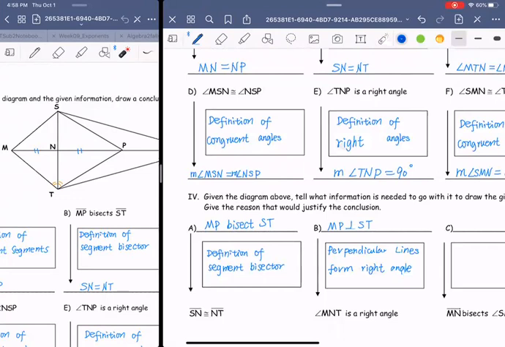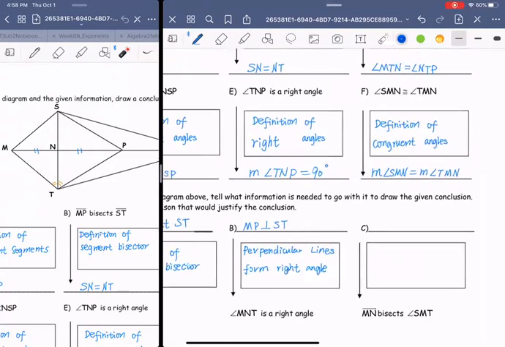That makes sense. Now for the C, you're probably able to solve this one. Go ahead, do this one. So MN bisects angle SMT.